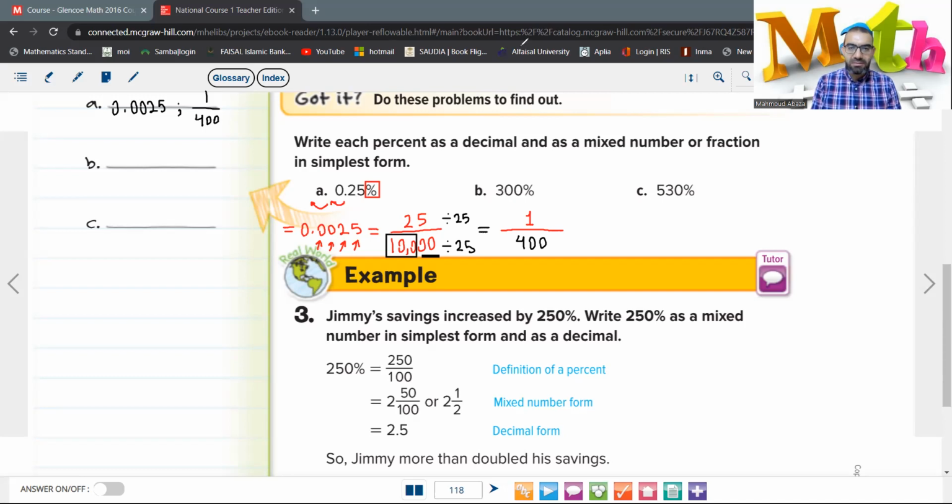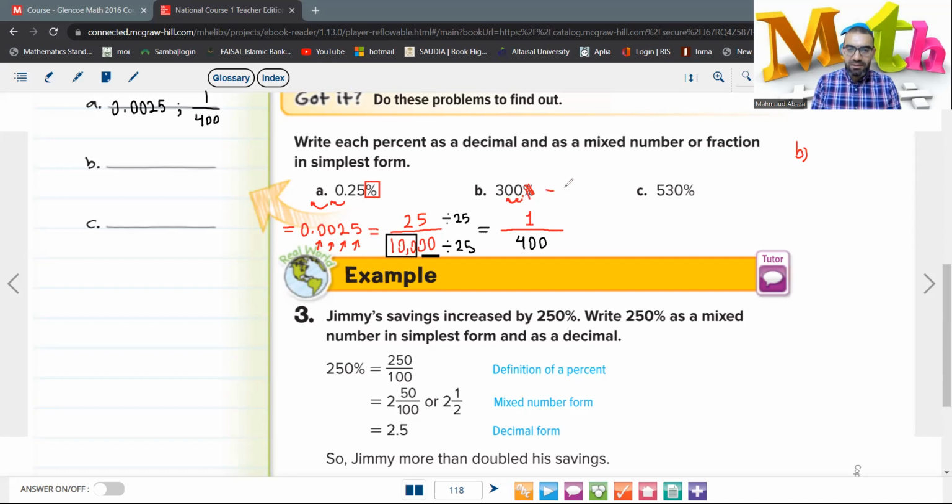Now let's try to solve problem B. 300%. No decimal point is here. But if we imagine that there is a decimal point to the right of the ones, and we have to cancel the percent sign, so we move the decimal point to the left 2 places.